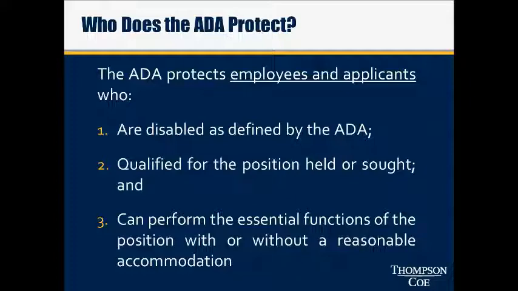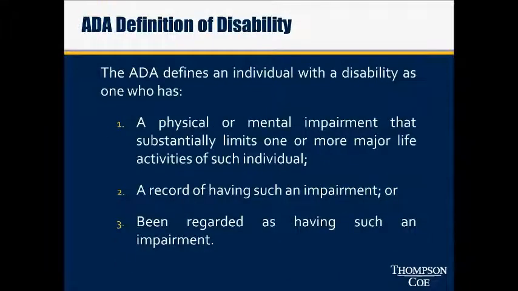But the more complex issue that tends to be disputed is the definition of disability. The ADA defines an individual with a disability as one who has a physical or mental impairment that substantially limits one or more major life activities of the individual, a record of having such an impairment, or one who has been regarded as having such an impairment.